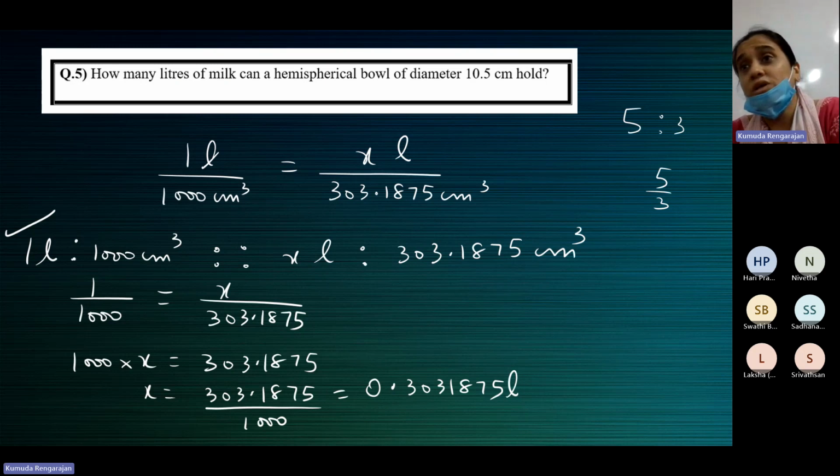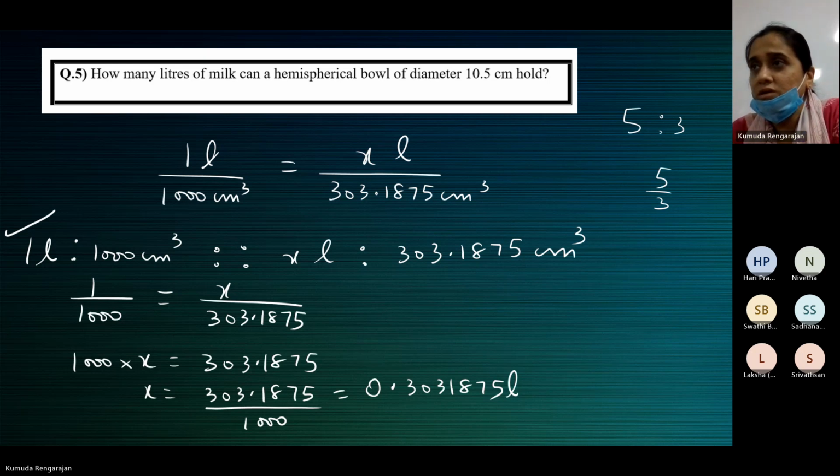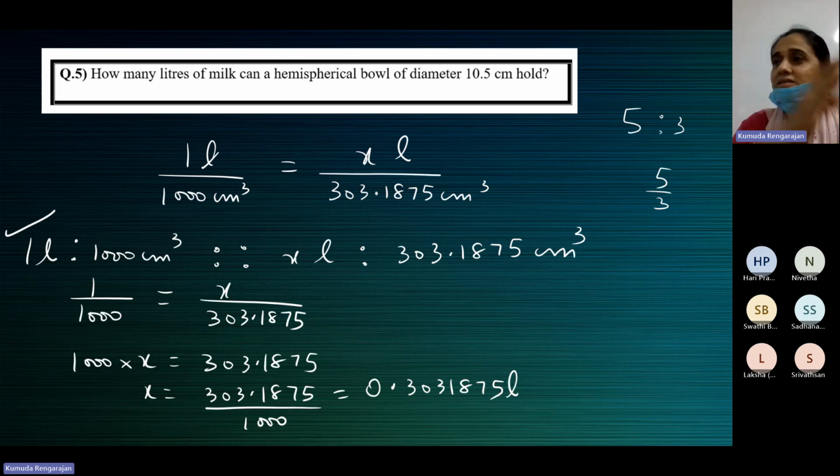Now we have to convert that to liters. So write the rule. 1 liter is to 1000 centimeter cube as x liters is to 303.1875 centimeter cube. If you write liter centimeter cube, here also liter centimeter cube. Got it? And then "is to" means division. And then cross multiply. Get the answer.